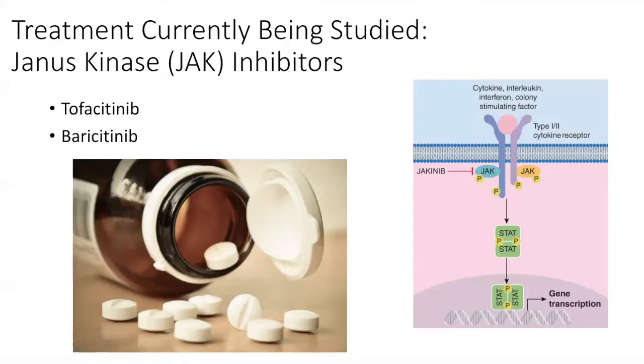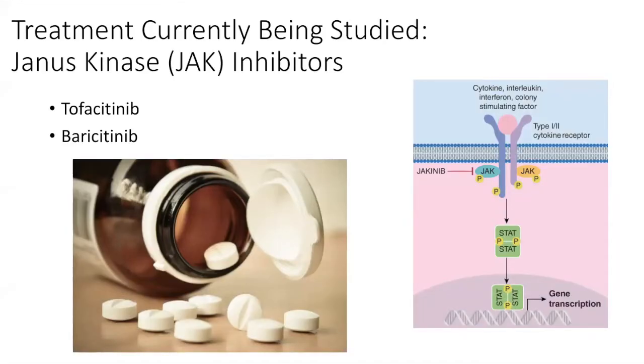And I just wanted to mention on this last slide that I have about medications that treatment that's currently being studied, and you may have seen it's been mentioned also in some of the emails from CureJM, is a category of medications called Janus kinase inhibitors, or JAK inhibitors.